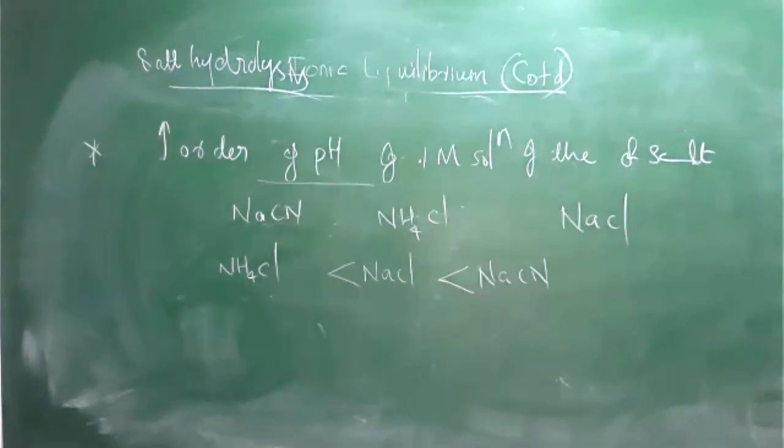Weak base and strong acid. Correct. So pH should be low. Then NaCl. Both form how? Neutral.